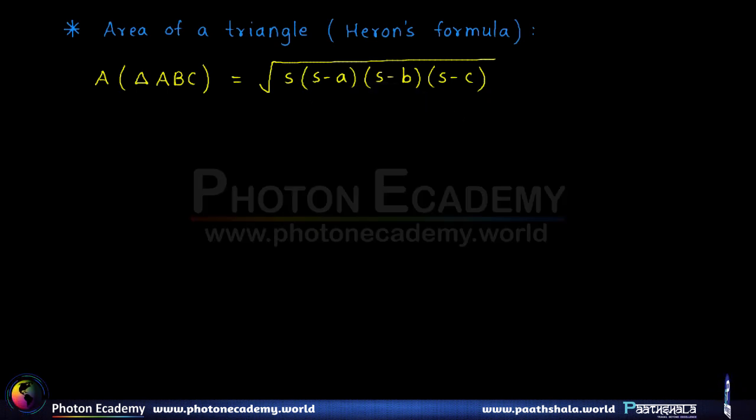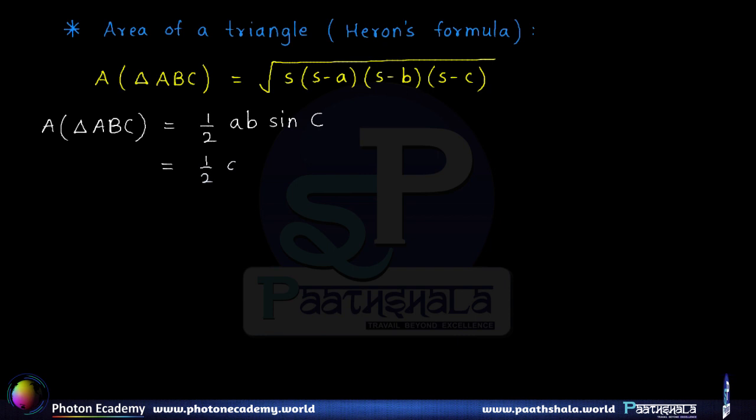So let us start by writing area of triangle ABC as half ab into sin C. Now here what we do is we write the sin C into half angle result. So sin C can be written as 2 sin C by 2 cos C by 2.